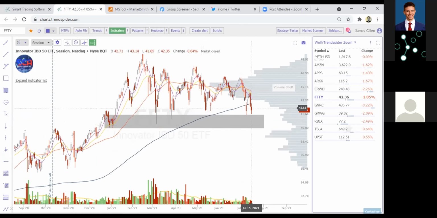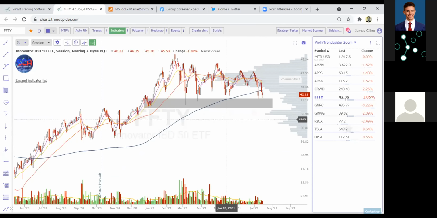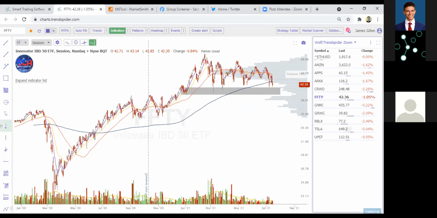So we broke through the 50, we broke through the 21, we broke through the 8. We even broke through the 200 SMA. The last time that we broke through the 200 SMA was during the COVID bear market, even though it was short-lived.